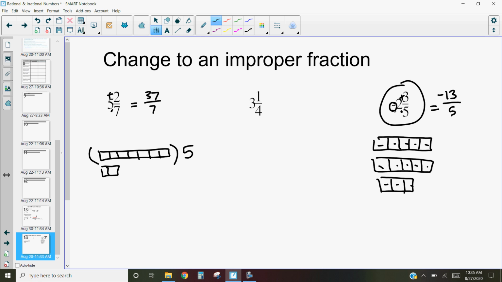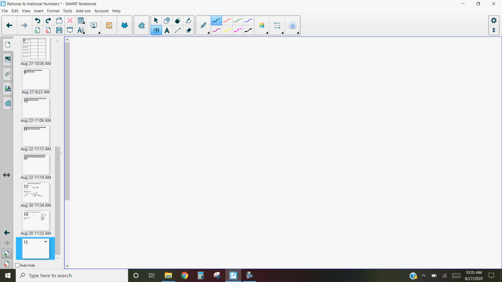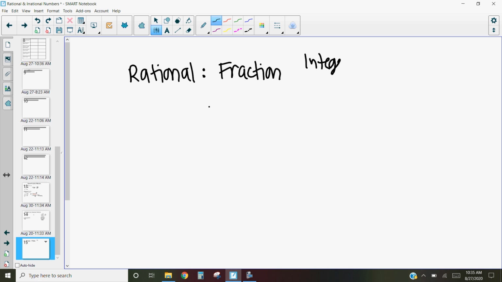So as a quick summary of this, a rational number is a number that we can write as a fraction. And that fraction has to be an integer, which is a positive or negative whole number, over another integer.